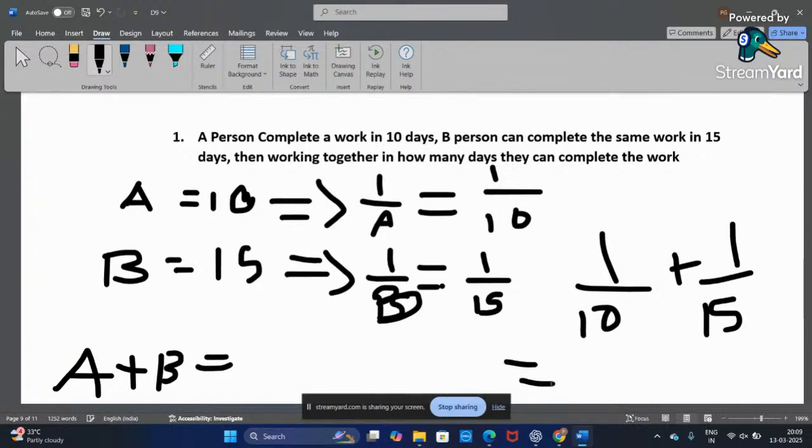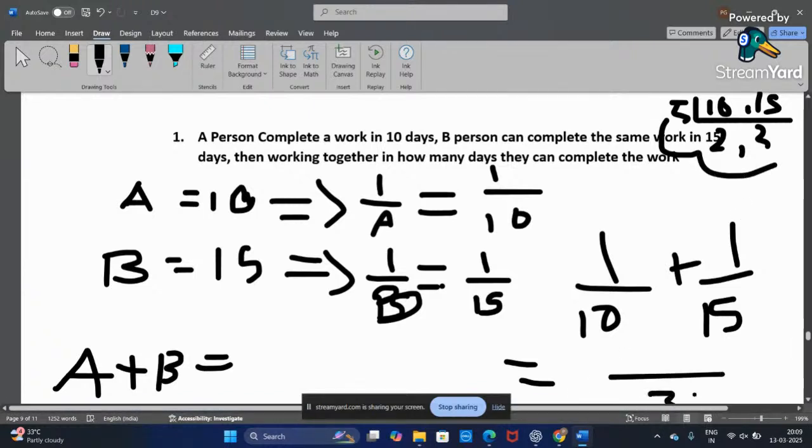What is the LCM for 10 and 15? Let us find it out. 10 here and 15 here. 5 2s are 10, 5 3s are 15, so 5 2s are 10, 10 3s are 30. Your LCM is 30 here. So 10 3s are 30, 15 2s are 30.